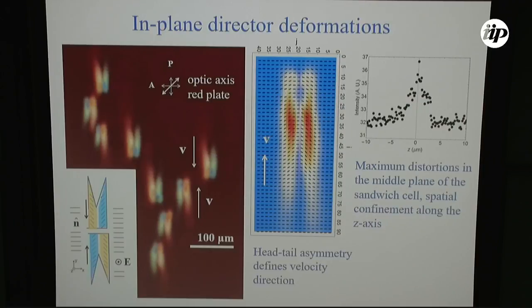So this is the original state. One soliton goes like this, and its counterpart goes like that. And they propagate in different directions, determined by whether it bulges up or down. In that sense, they are plus and minus solitons, but there is no topological charge. It's strictly zero.